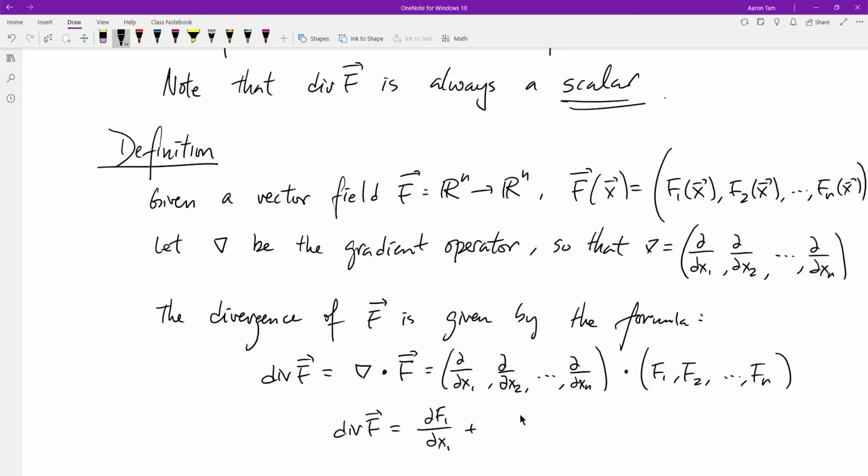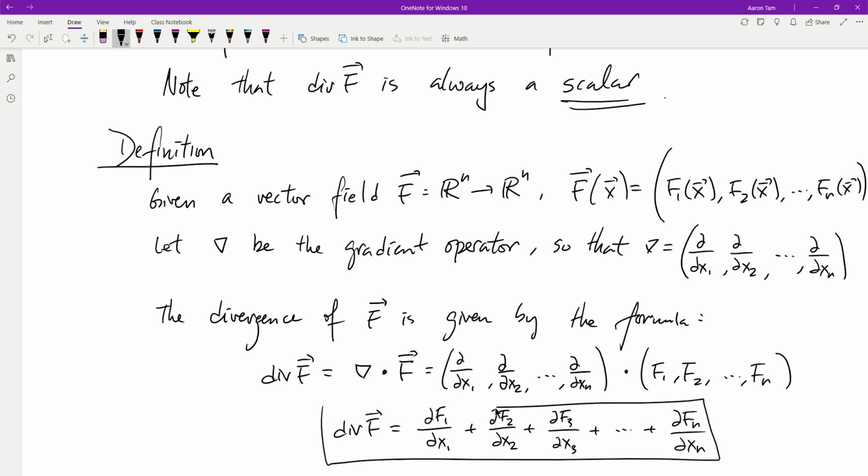And then you apply d over dx2 to F2, and then dF3 over dx3, and this continues on until you get to the last one. That is what we call the divergence of F.